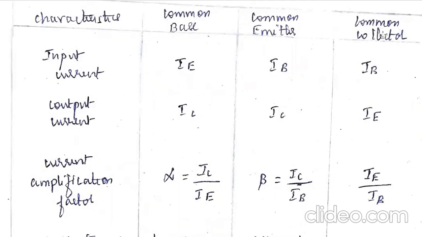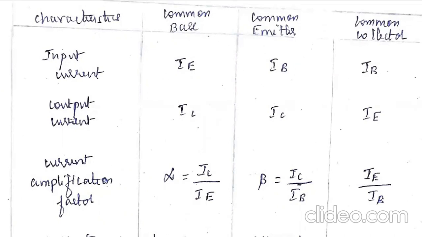And common collector is the collector terminal being common to the input base and the output emitter. So the input current for the common base is the emitter current, for the common emitter it is the base current, and for the common collector also it is the base current. And the output current for the common base will be the collector current, for the common emitter it will be the collector current, and for the common collector it will be the emitter current.